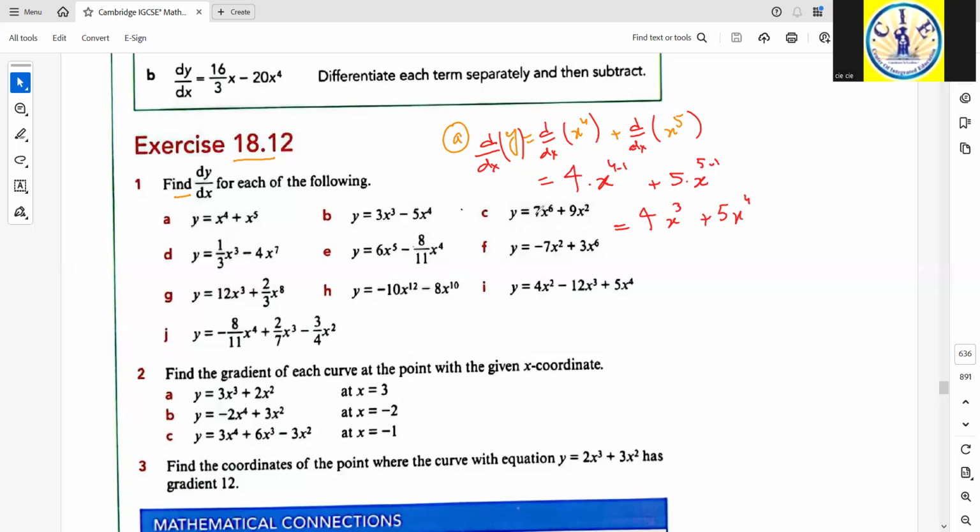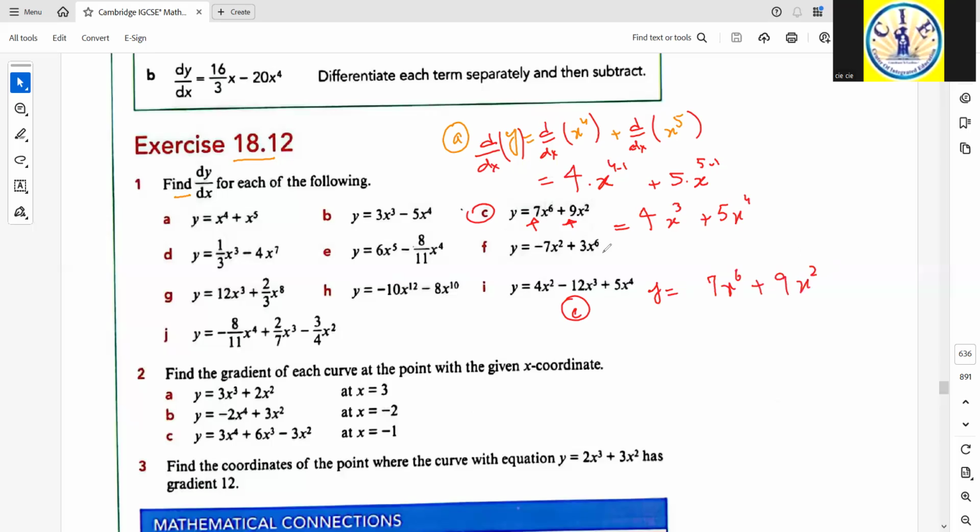Okay, now I include part C, having some coefficients of the terms as well. So part C is y equals 7x^6 plus 9x square.